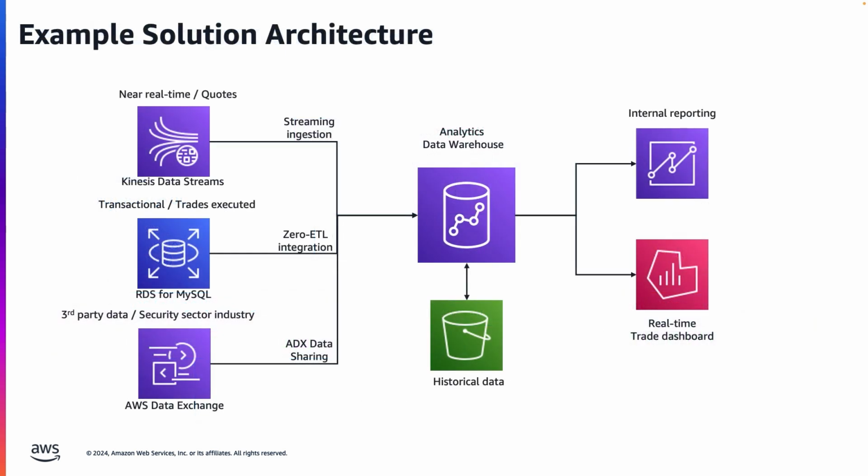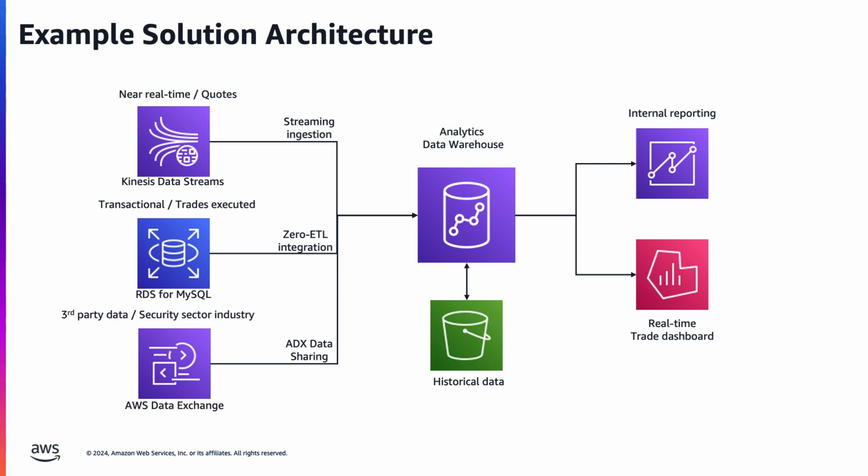Consider this solution architecture where you have streaming data, for example, quotes or tick data, getting ingested via the Amazon Redshift streaming ingestion capabilities. The transactional data, for example, trades being executed, gets ingested via the zero-ETL integration in near real time into Amazon Redshift.